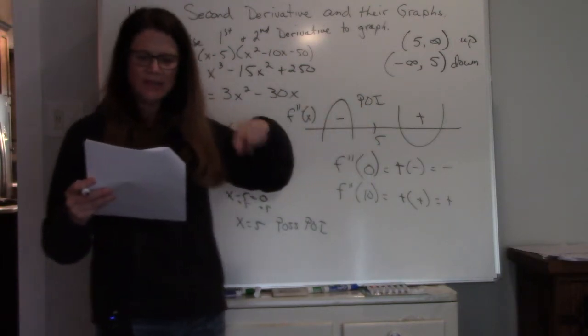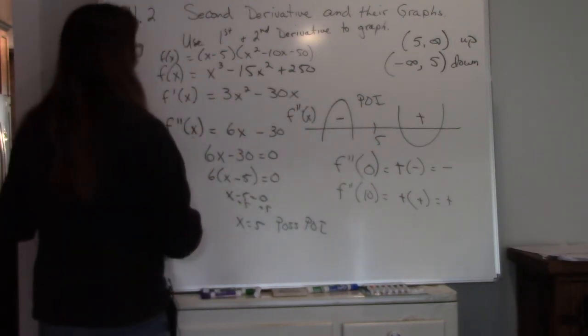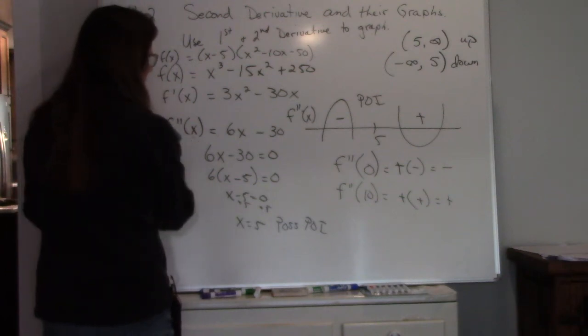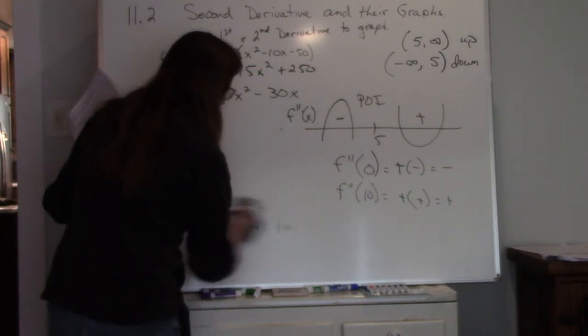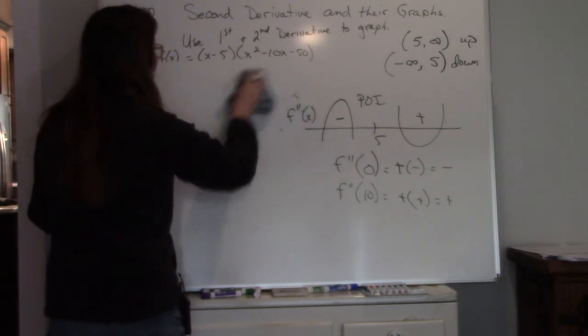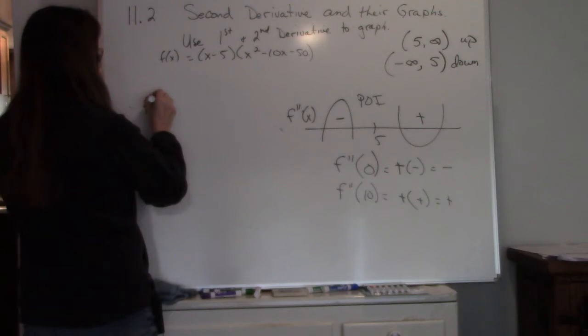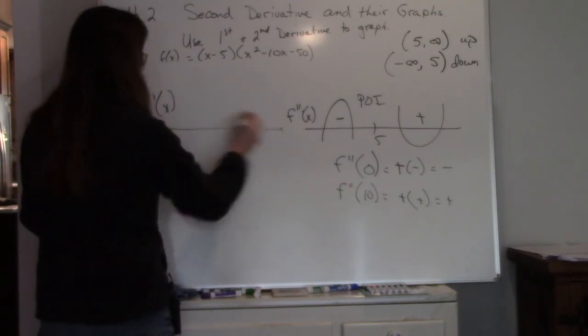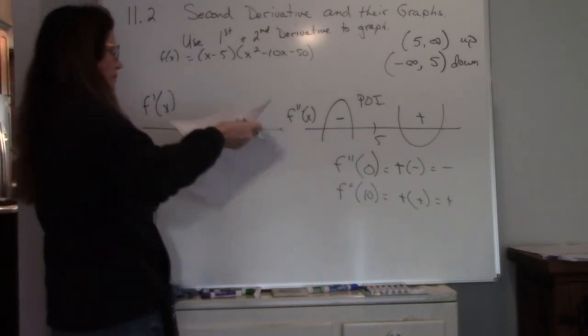And then the last thing is choosing a graph. So I'm going to go back and rewrite my first derivative test chart. So let me go back and redraw that.